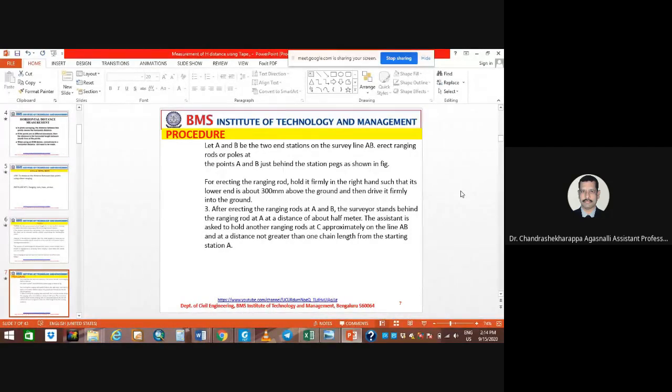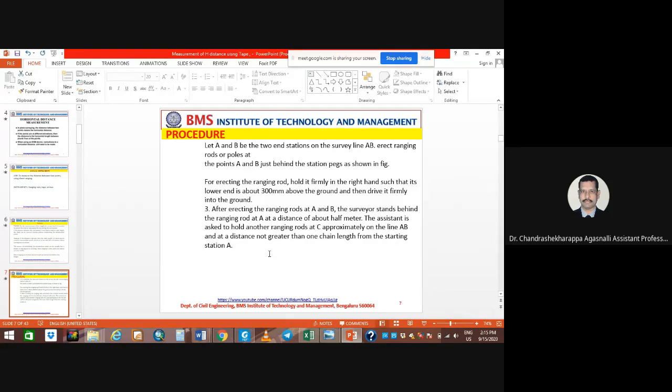Then the third point is that after erecting the ranging rods at points A and B, the surveyor stands behind the ranging rod at a distance of half a meter or 1 meter, 1 or 2 feet. That's more than enough. You need to take the assistance of someone to hold another ranging rod at point C, so that you can do the alignment for A, B, C. C is the intermediate point, and A, B are the main 2 stations.